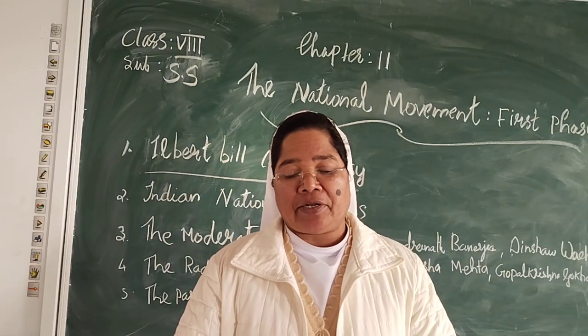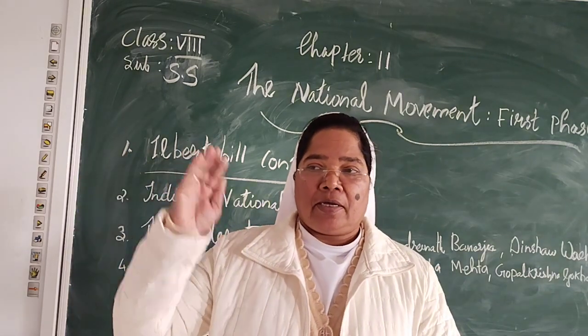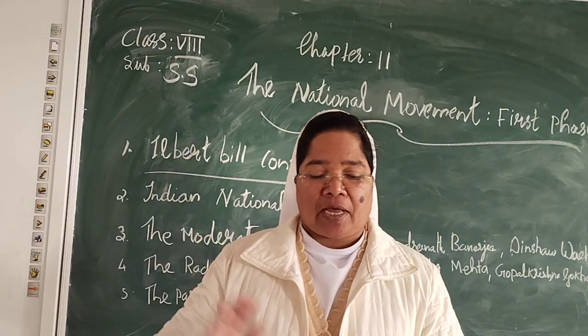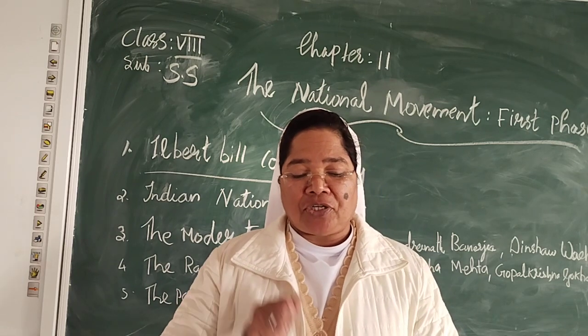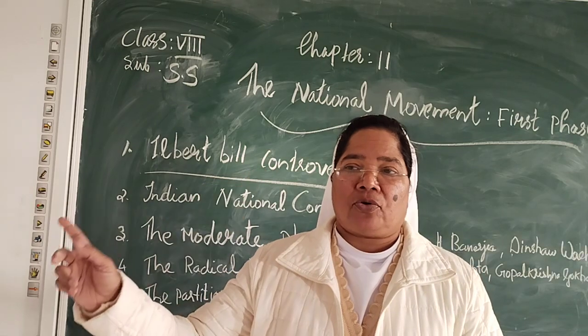They also asked for more powers to the legislative councils and more Indian members in these councils, and for holding the civil service examination in India, not just in England.